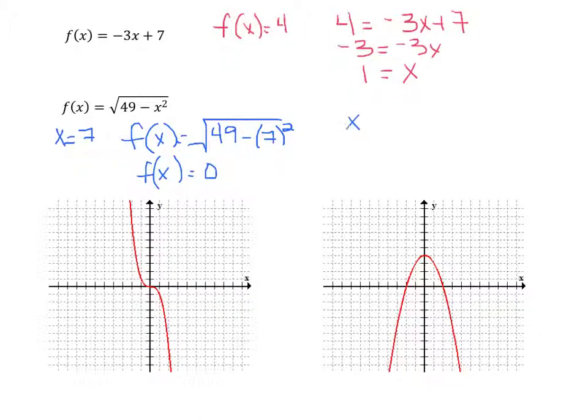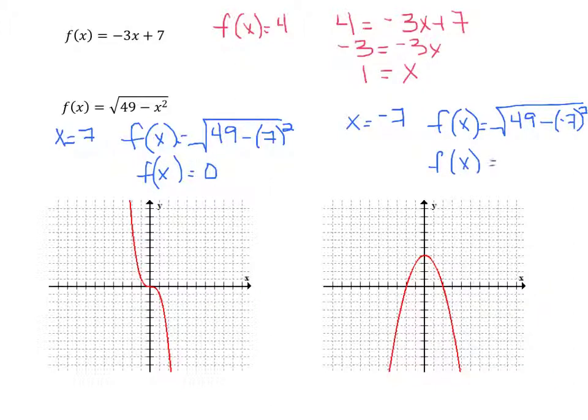What if I let x equal negative 7? f of x is also equal to 0. So here I've input two different x values and gotten the same y value. That means that this is not a one-to-one function.